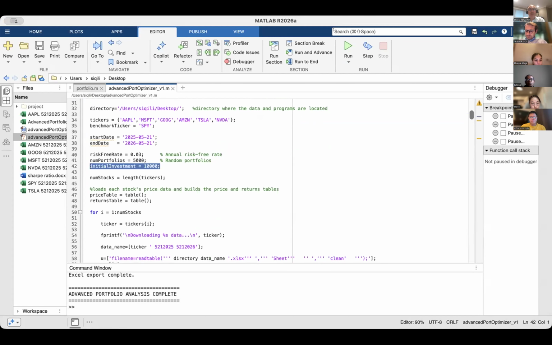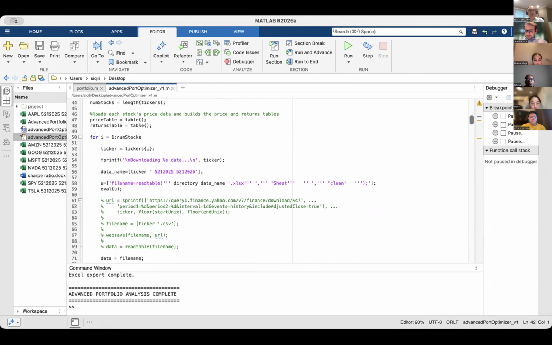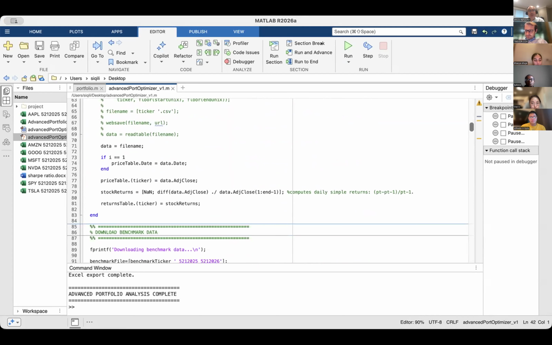I have slides also, but before I go to the slides, I want to talk about one of the limitations that we have in the model, and the rest I will talk about in the slides without the code.